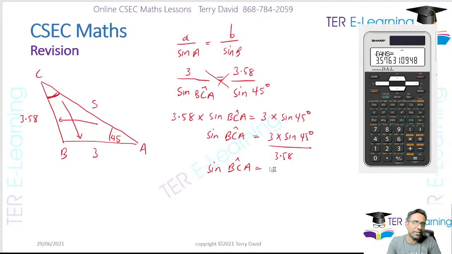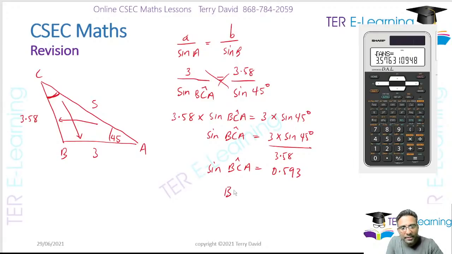So let's work that out. I'm going to use my calculator because I'm making mistakes with the online one here. So 3 multiplied by sine 45 divided by 3.58, and what I'm getting here is 0.593.